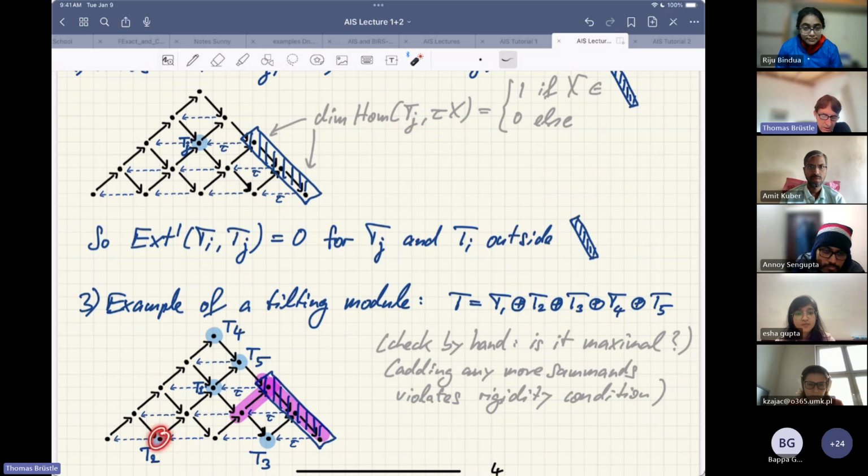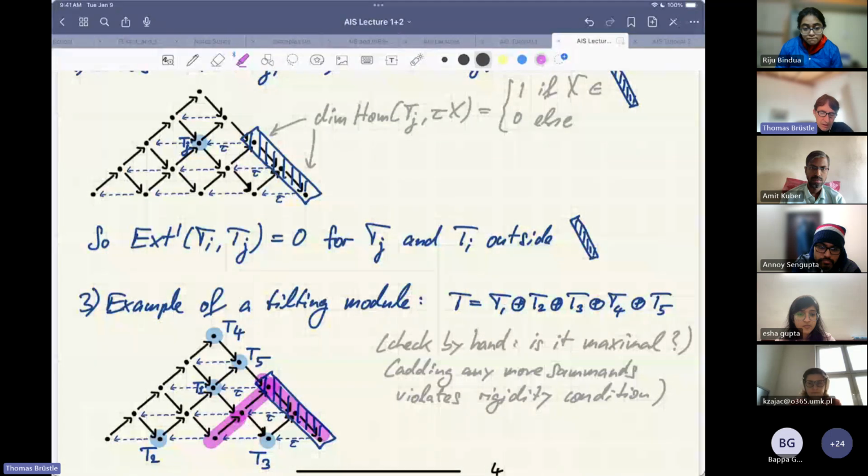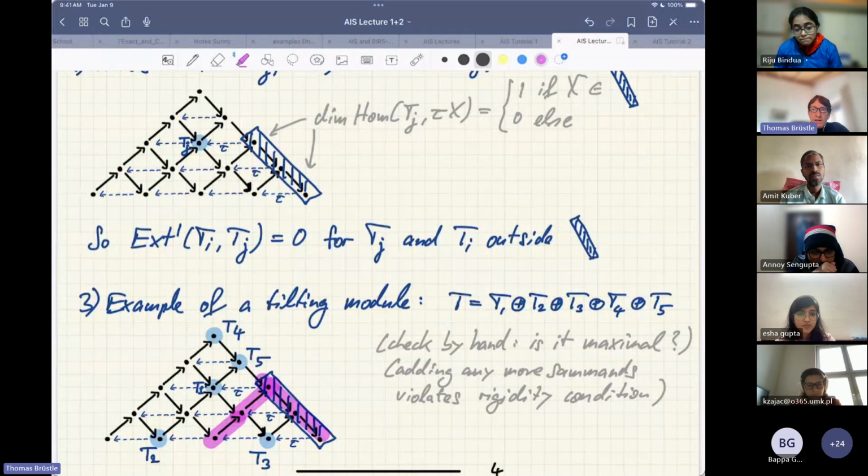So this has a non-trivial Hom set here. Then I shift this by tau. This is a non-trivial Hom set here. So this is the part that I have to avoid. If I pick T2, I have to avoid this violet region.